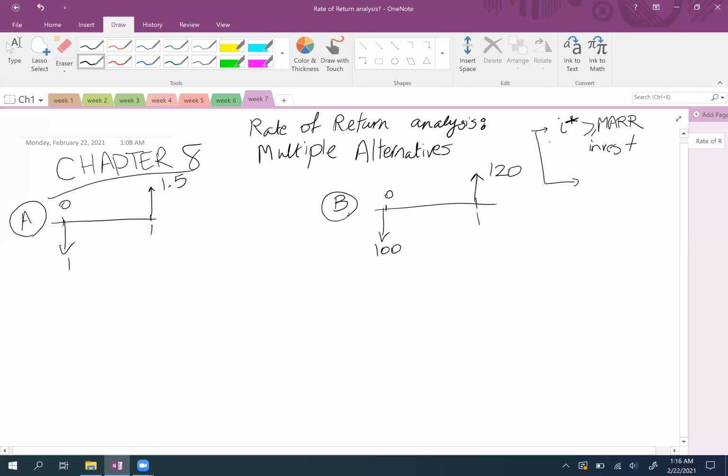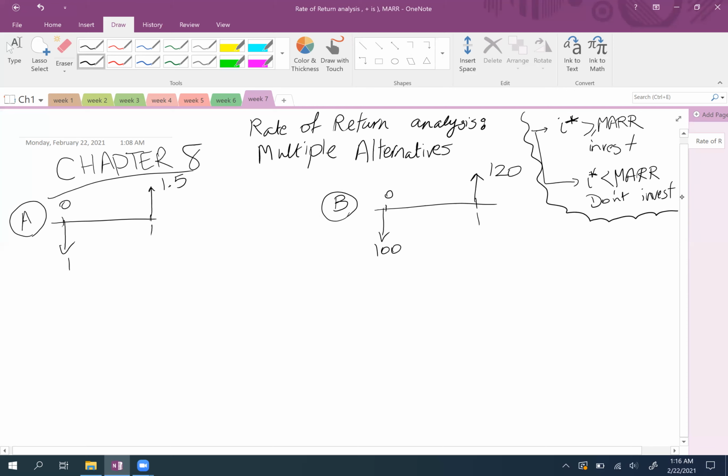Otherwise, if your i star, or rate of return, was less than MARR, we said do not invest. That was the chapter 7 material.